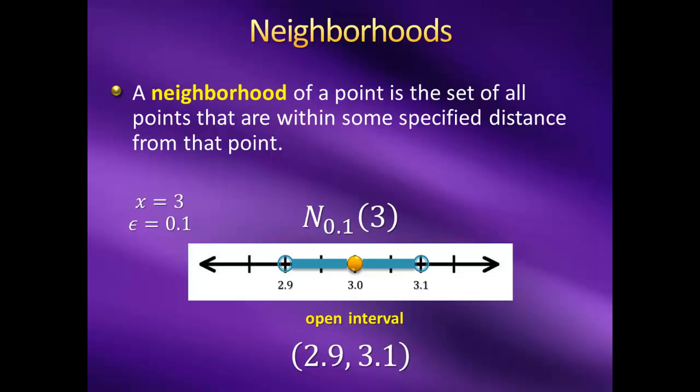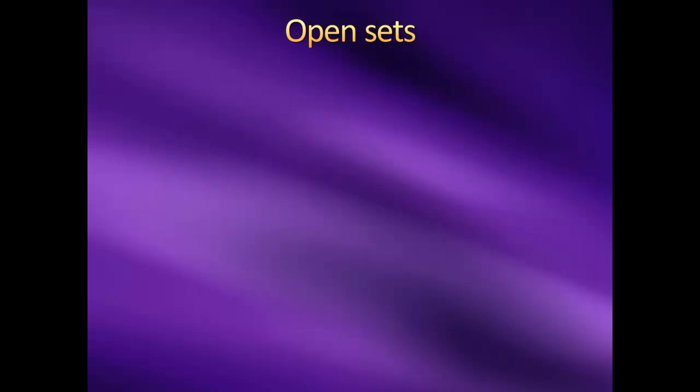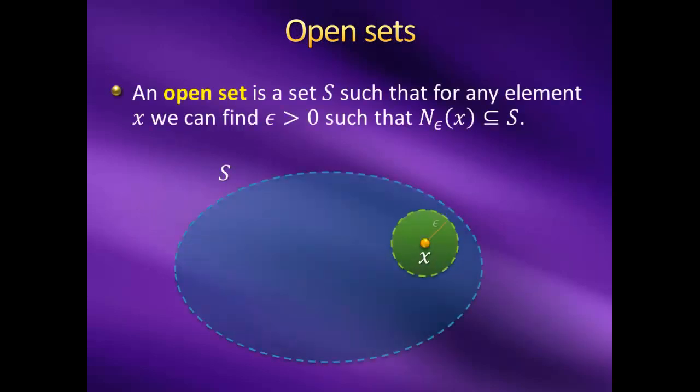Now we can generalize this idea of an open interval and introduce the notion of an open set. An open set is a set such that for any element of the set, we can find an epsilon greater than 0, such that the epsilon neighborhood around that point is contained completely within the set. If that seems a bit complicated, think of it this way.